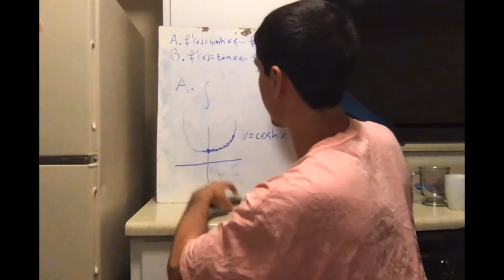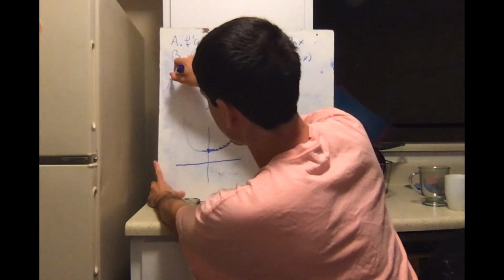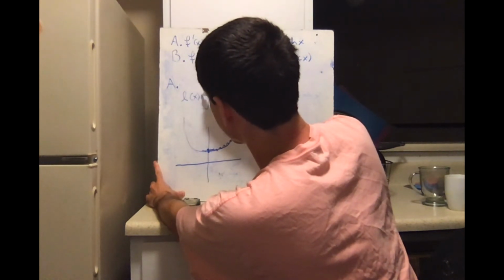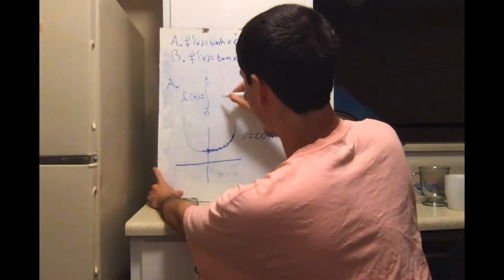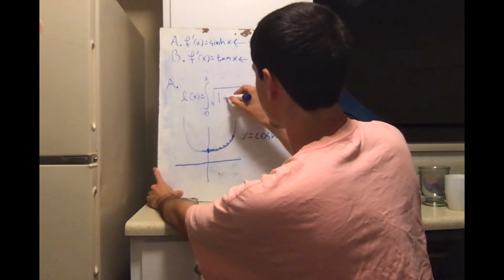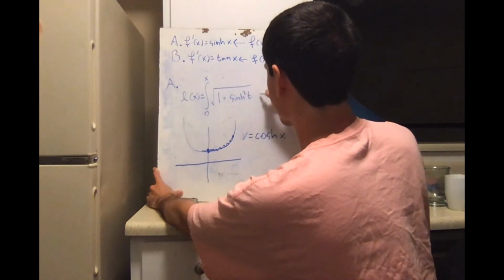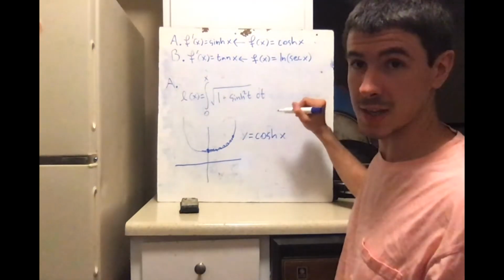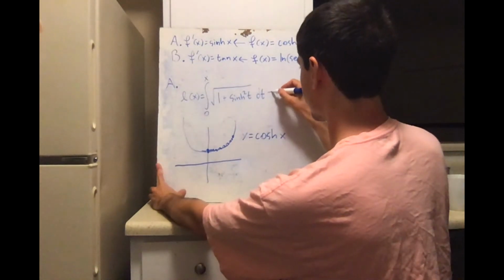So L of x equals the integral from 0 to x of the square root of 1 plus sinh squared t dt, which of course the reason we chose this example is that this is just cosh.